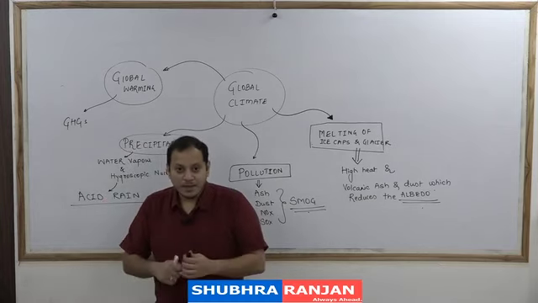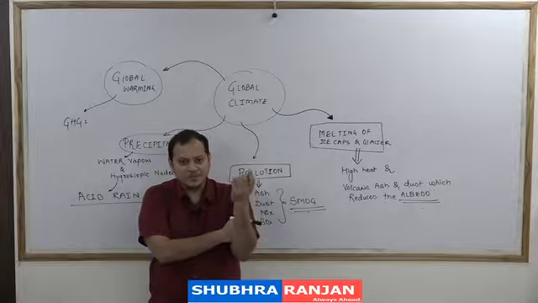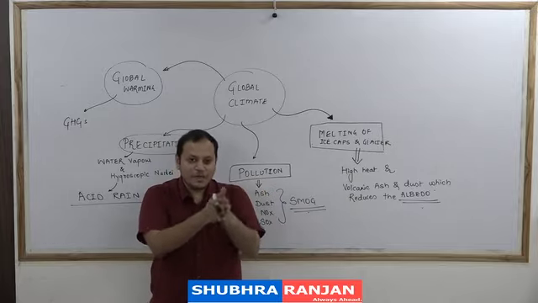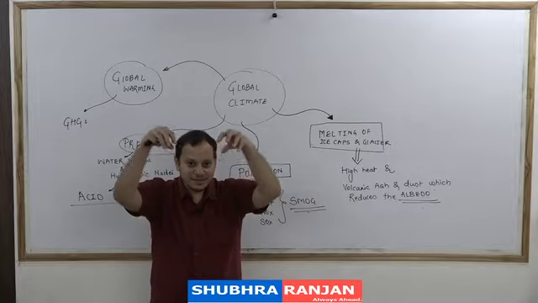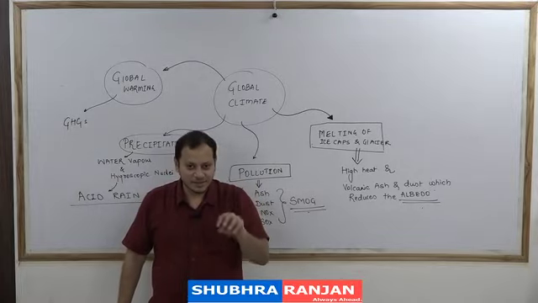But what is happening in the Iceland region, in the Greenland region, because the precipitation is not there, solid precipitation. So there volcanic eruptions are causing deposition of volcanic ash, and as a result of this, albedo is slightly decreasing.